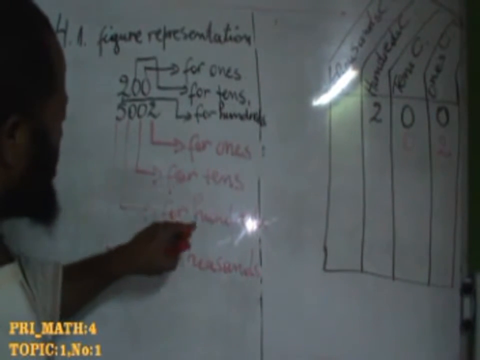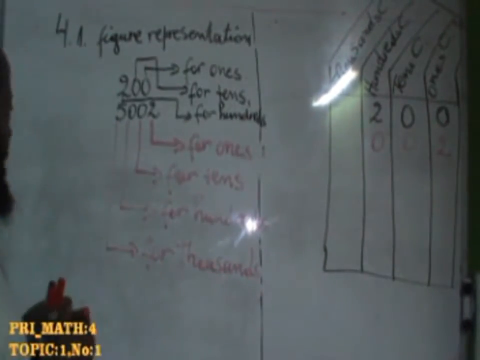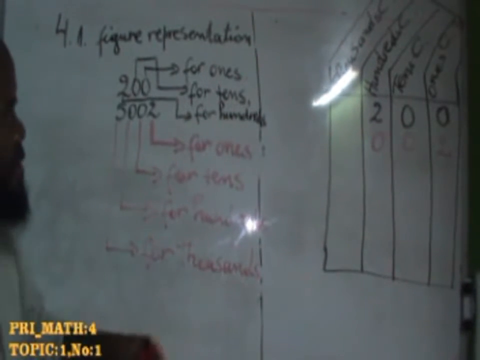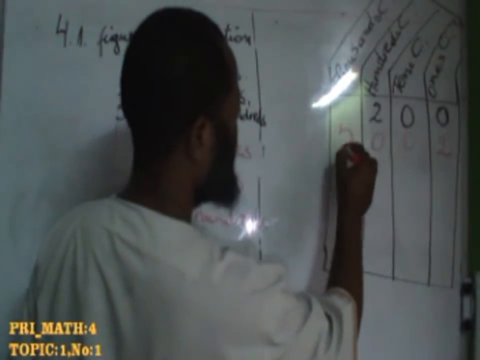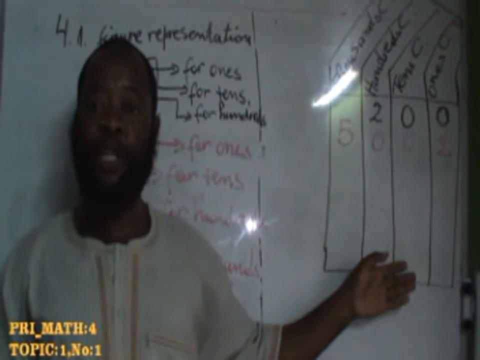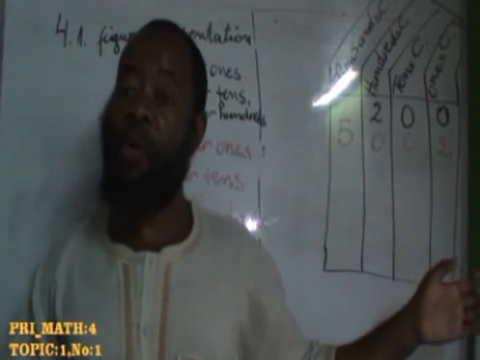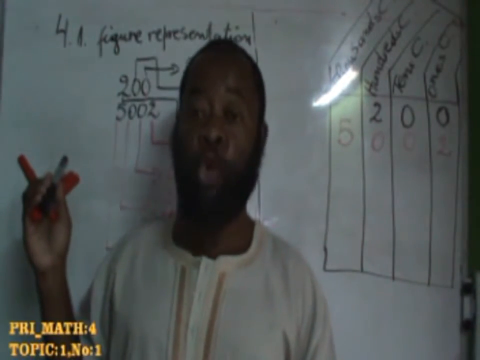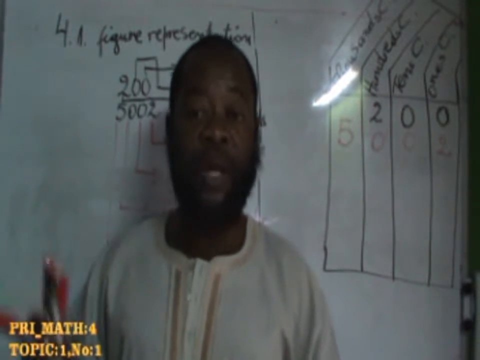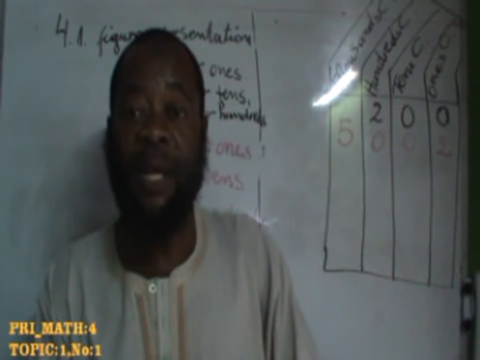Our second 0 is for hundreds, and our last digit, which is 5, is for thousands. We have already finished with the tray representation of our 2 given numbers, which are 200 and 5,002.